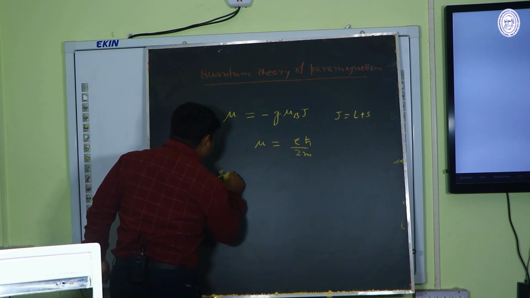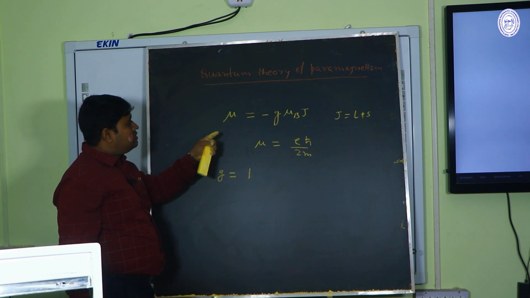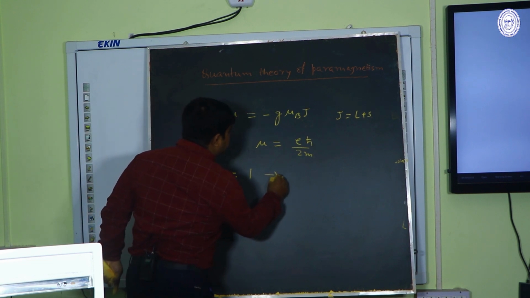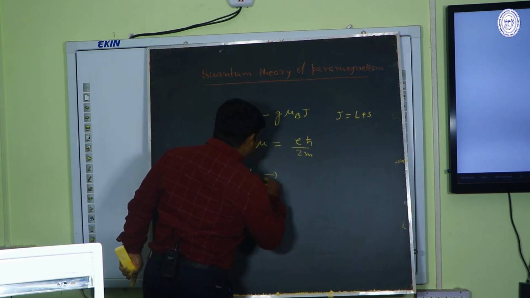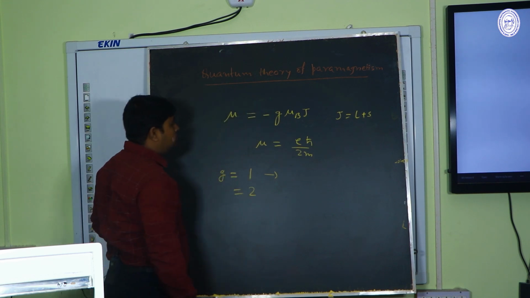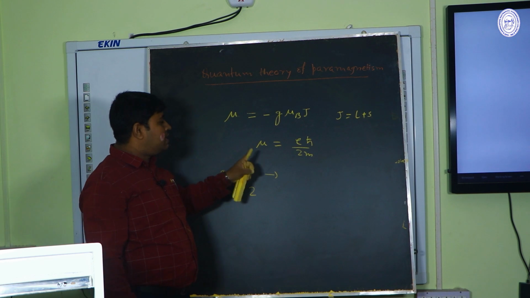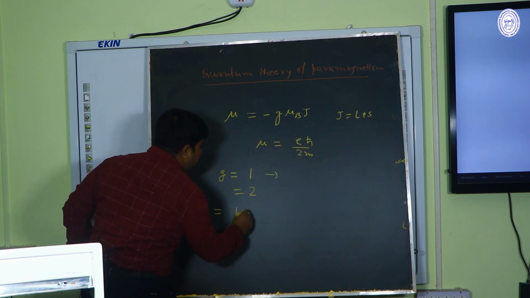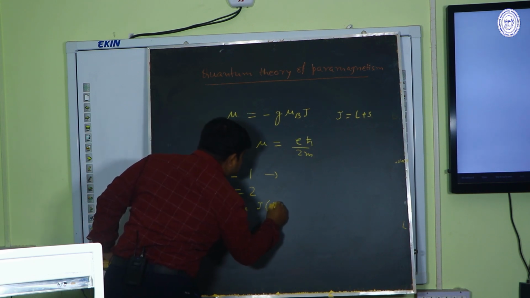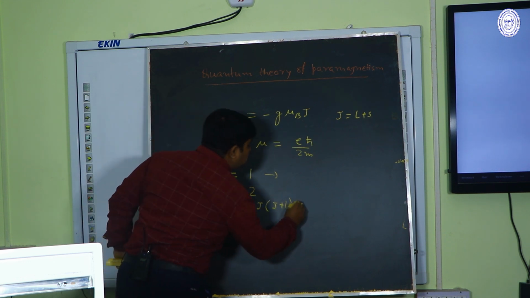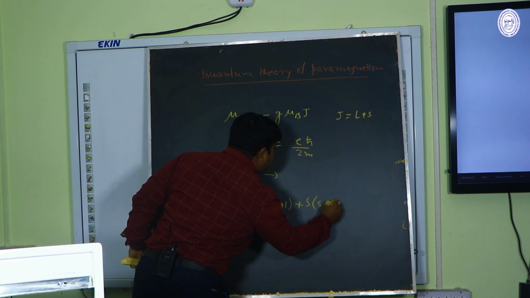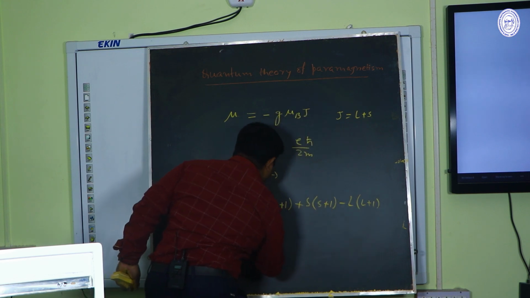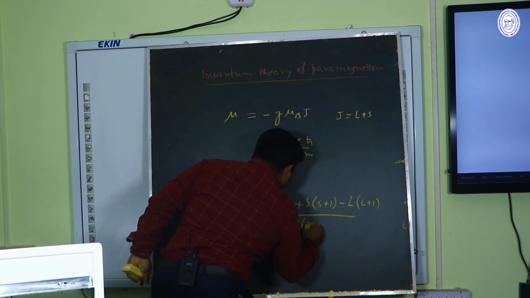The value of g is equal to 1 when the total angular momentum arises due to orbital motion, and equal to 2 when it arises due to spin motion, and in general g is equal to 1 plus J(J plus 1) plus S(S plus 1) minus L(L plus 1) by 2J(J plus 1).